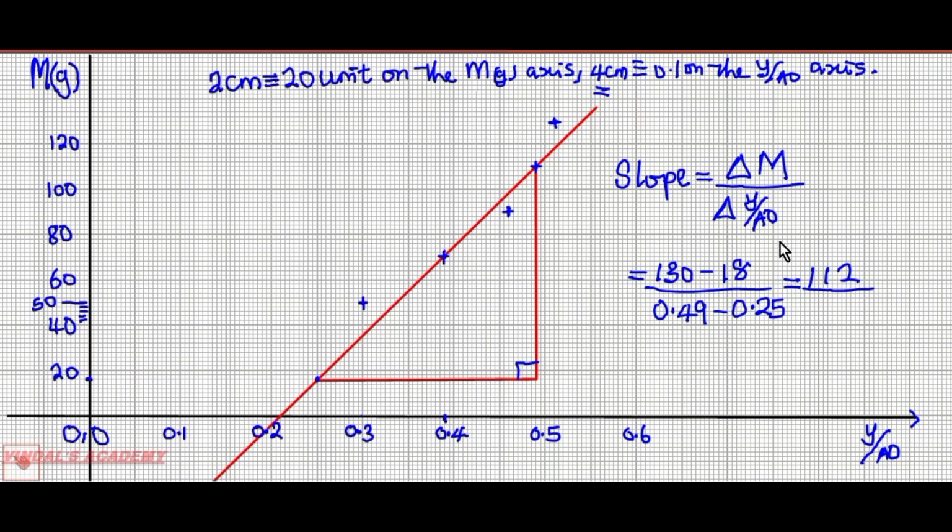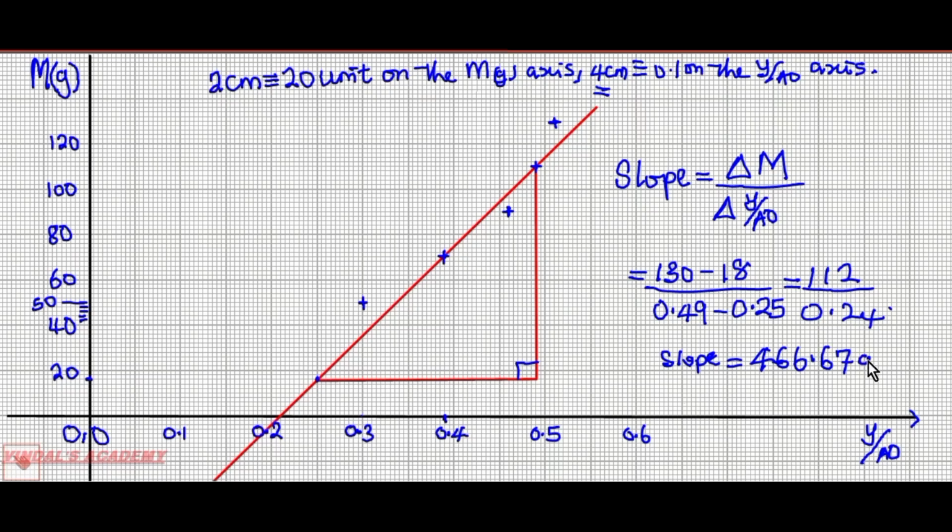Then 0.49 minus 0.25 is going to be 0.24, correct? And the slope is going to be 112 divided by 0.24. And we are going to have 466.67.